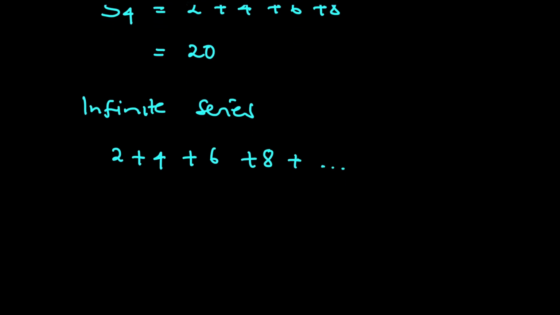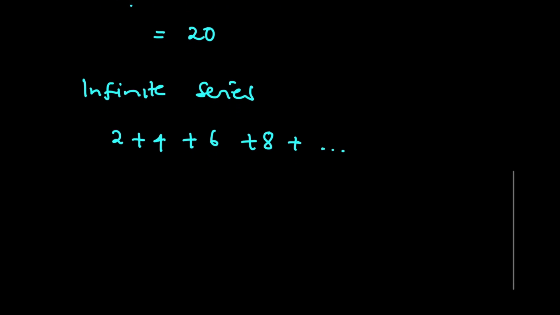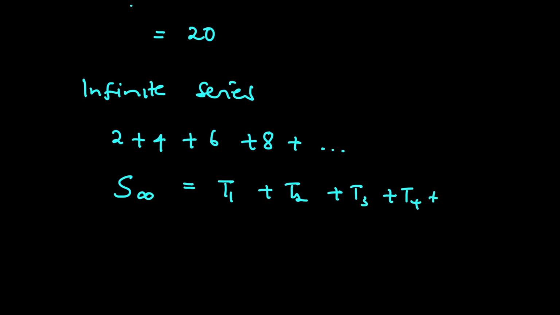It is a series of infinite terms, so we are summing without bound. It's represented as S with an infinity subscript: T1 plus T2 plus T3 plus T4 and so on, continuing. We are not bounded.